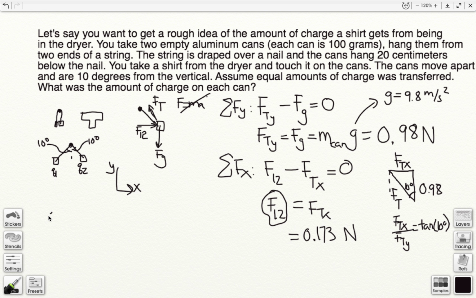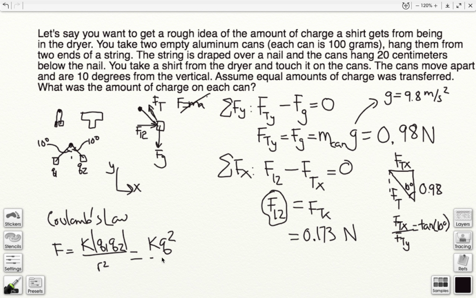Now what is this force? Remember Coulomb's law. Coulomb's law says that the force between two particles is equal to K Q1 Q2 over R squared. Now these two charges are the same, so I can simplify this to K Q squared over R squared.